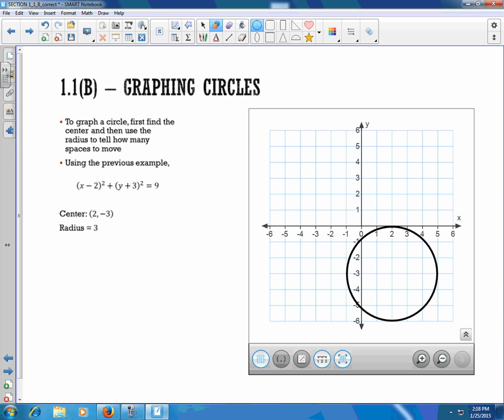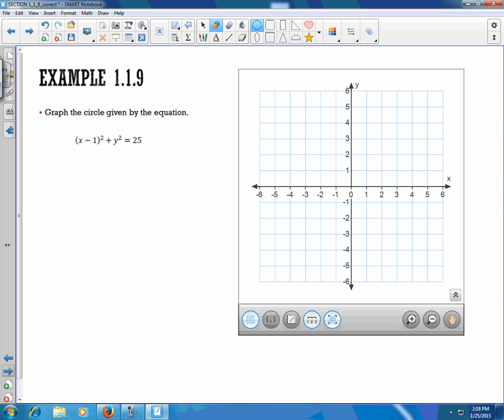Graphing circles on MyMathLab will be very similar to this. You'll start with the center, and then click on a point that's the radial distance away from the center. So let's try this again. We're going to graph the circle given the equation. First we need to find the center and the radius. So we have (x minus 1) squared plus y squared is equal to 25.